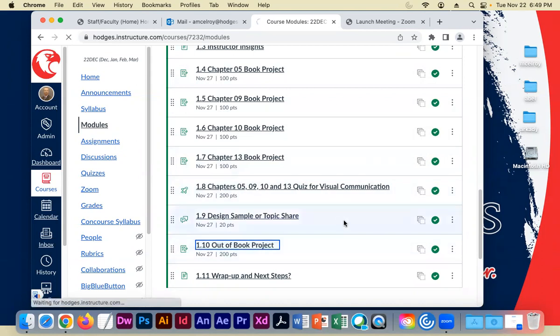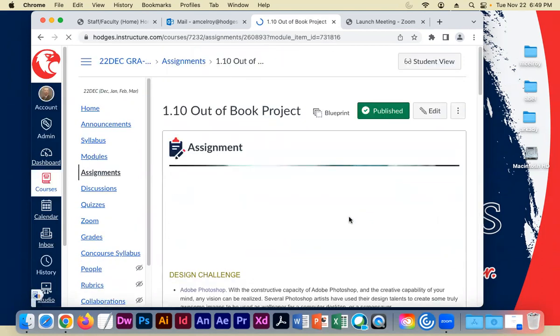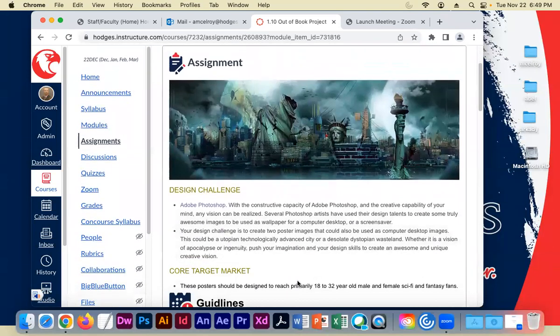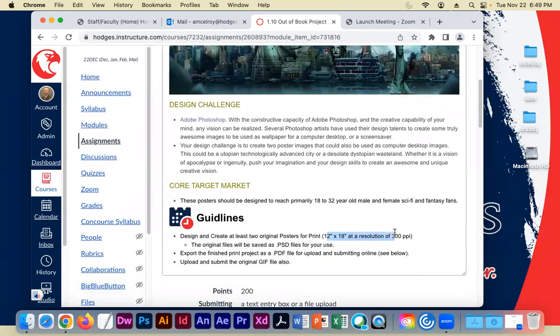And I hope our out of book project for this week is one that gives you an opportunity to have some fun. It's a 12 by 18, 300 DPI poster. It can be portrait or landscape. I want you to create two, and two that kind of is your utopian world, or the other end of it, which is desolate.